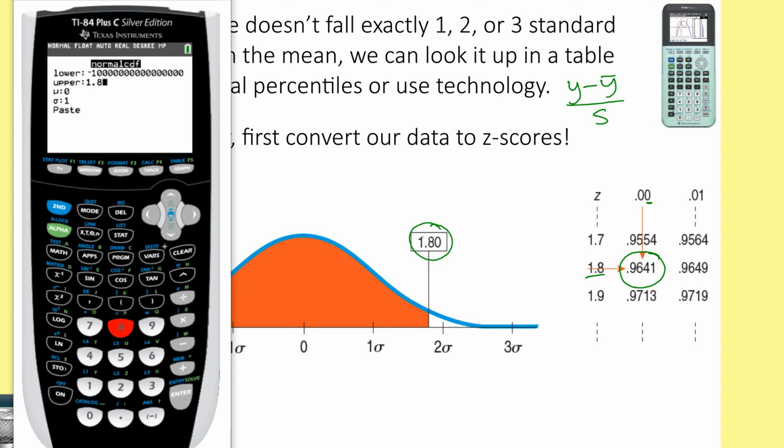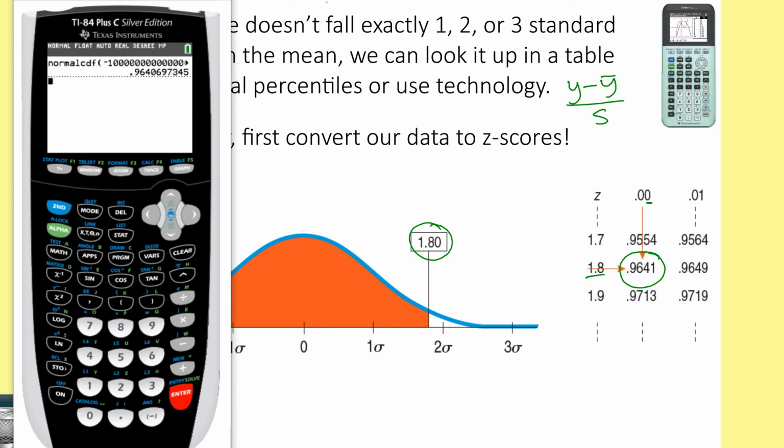That's as high as we want to go. Our mean and standard deviation, 0 and 1 in this case. So we paste it, enter, and notice what we get, 0.9641, which is exactly what the table gives us. So make friends with that, know it, that's what finds the area for your percentages.